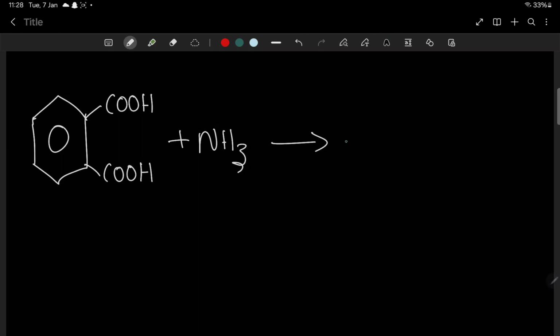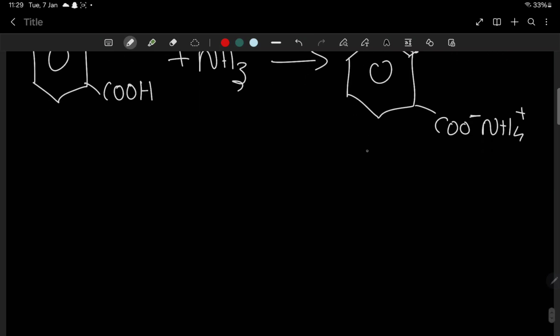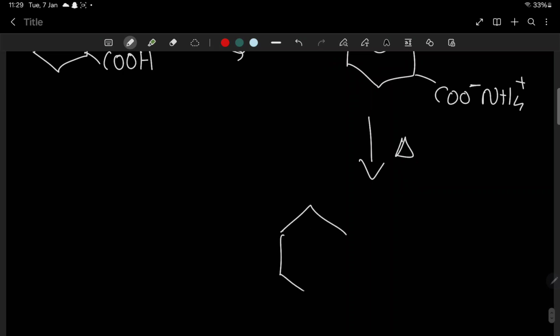I'm not well. Okay, so when we take this and NH3 is taken, we get COO- plus NH4+. Salt formation is happening. COO- plus NH4+. Perfect. Now when we heat it, we get the corresponding amide, that is CONH2, and here also we get CONH2.